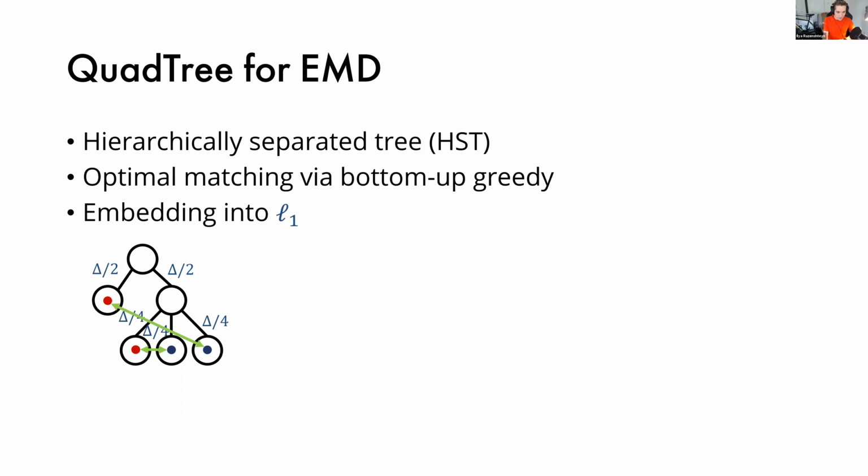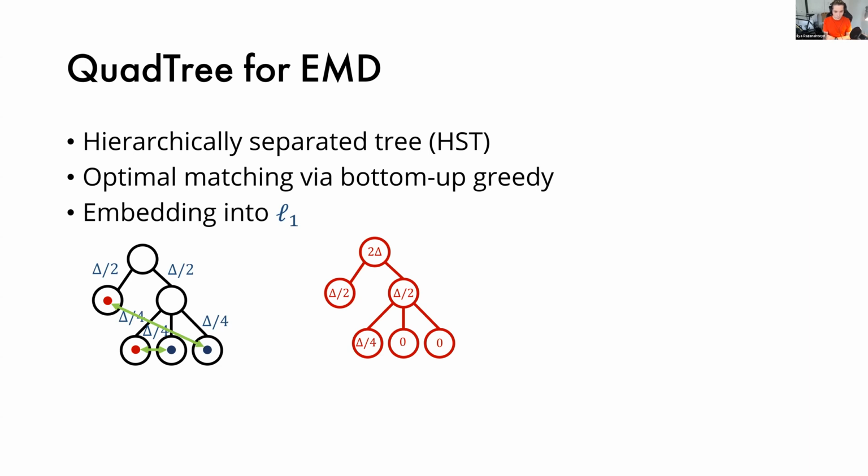It might not be obvious as I'm saying it now, but if you just pause and think for 5 minutes, I can guarantee it will be obvious to you that such a bottom-up greedy can be represented as just the L1 distance between certain auxiliary vectors. The way you compute these auxiliary vectors is the following. You have a coordinate for each node in the tree.